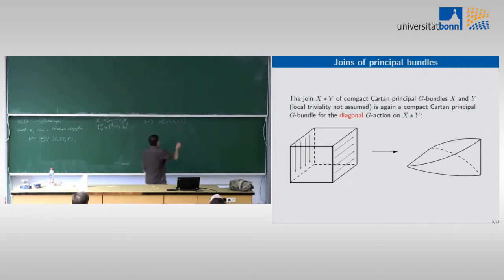So how do I act on it with an element of G? Well, I don't touch t. What I get is xg, yg, and untouched t. So for this action, this is again a compact Cartan principal bundle.